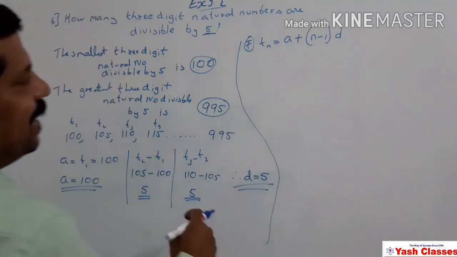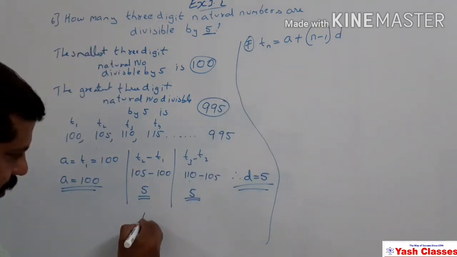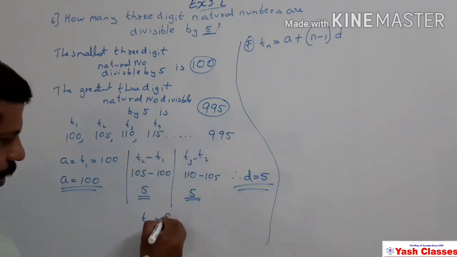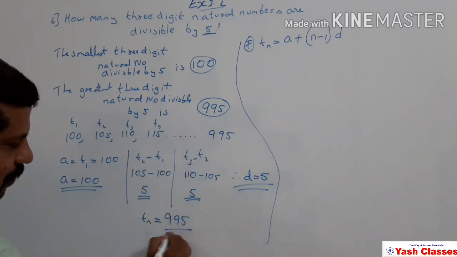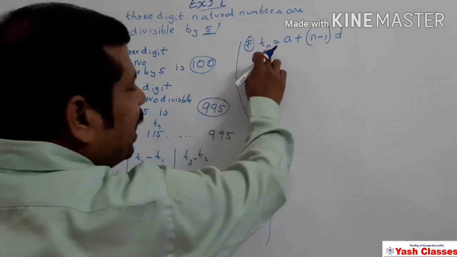Now your Tn. Tn means what? See here. Tn is equal to last number. Last number we have found here, 995. Here A is 100, Tn is 995 and D is 5. Here we have to find n. Only n we have to find.